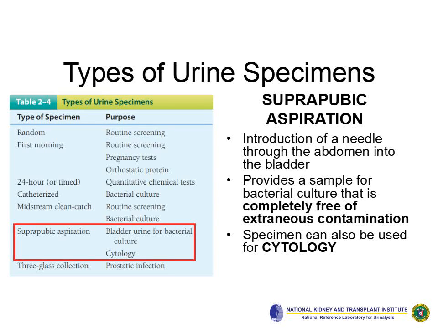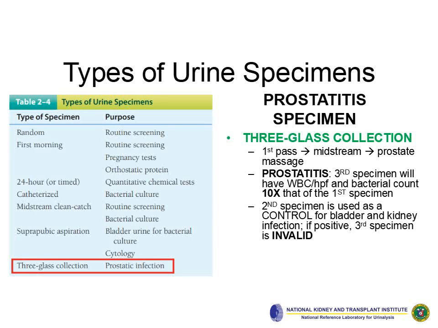It is completely free of extraneous contamination. This is used for bacterial culture and cytology. The prostatitis specimen involves a 3-glass collection of the first pass, the midstream, and the post-prostatic massage urine.